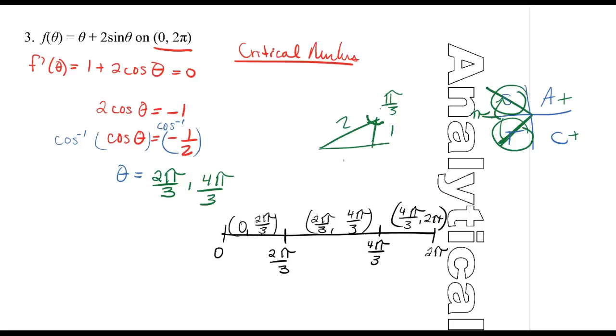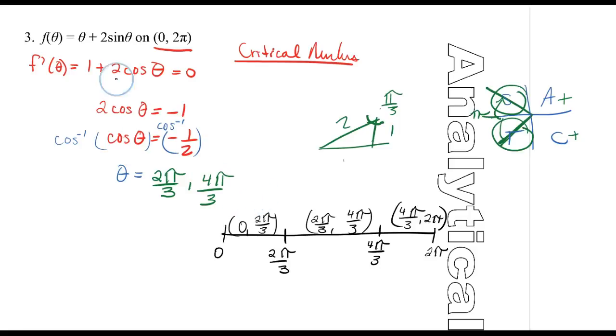Because I was given limits on this function, I can't be guaranteed the end behavior on either side. And really I can't with a trig function anyway, because it has that periodic behavior. So I need to go ahead and test points in each section of the sign chart.